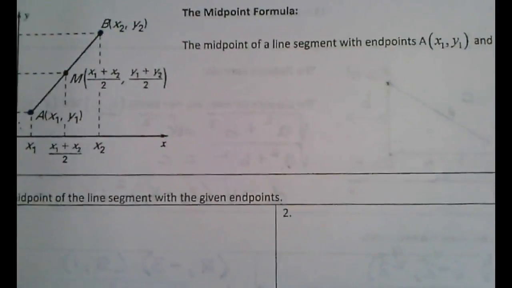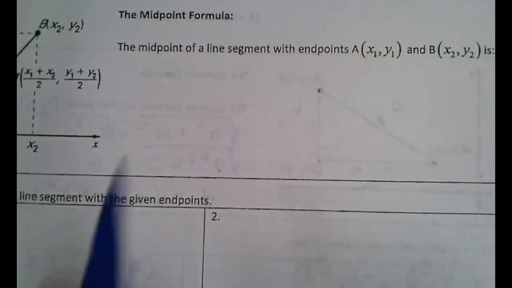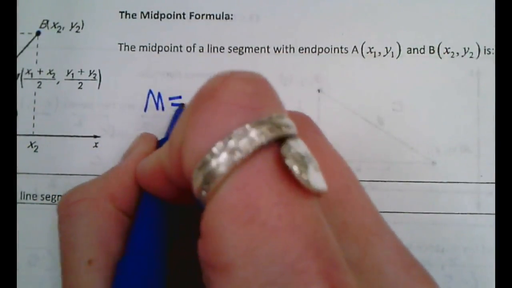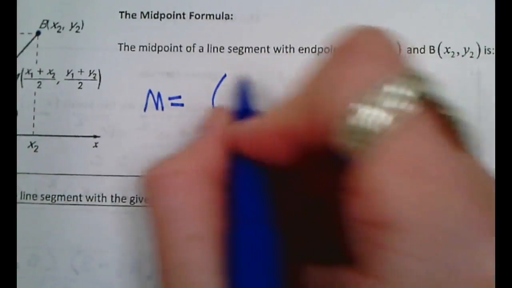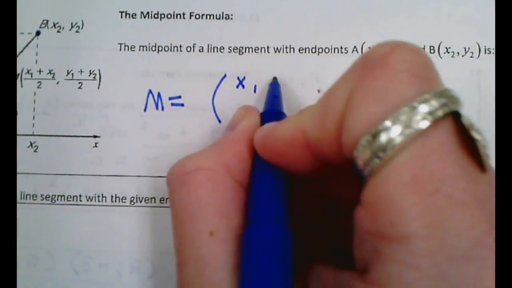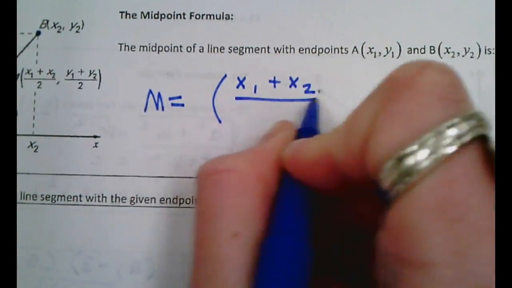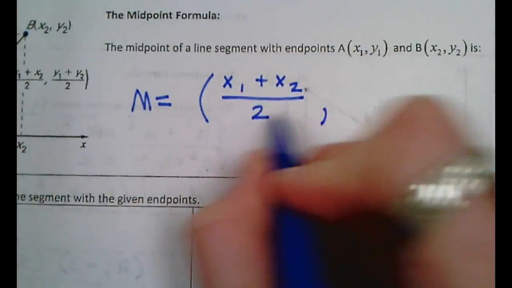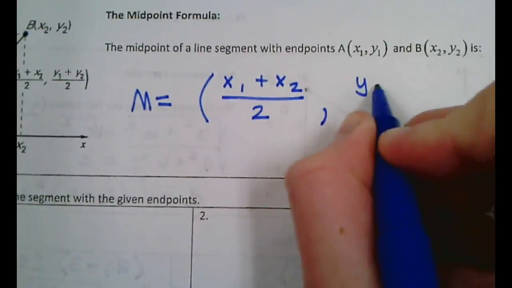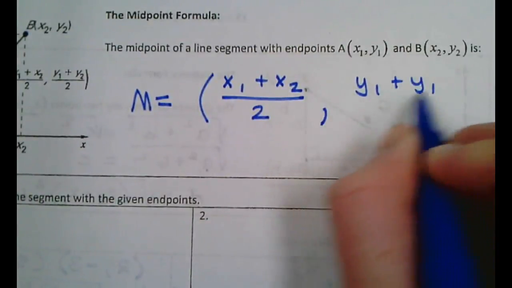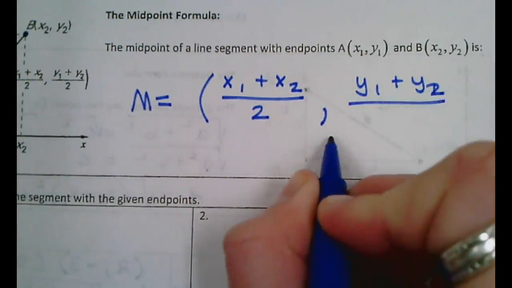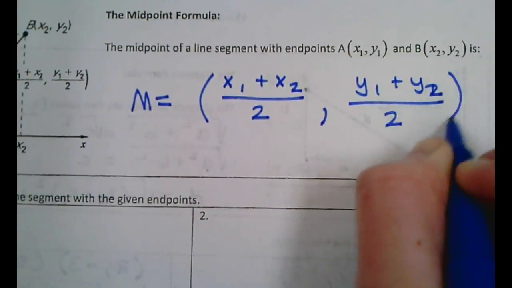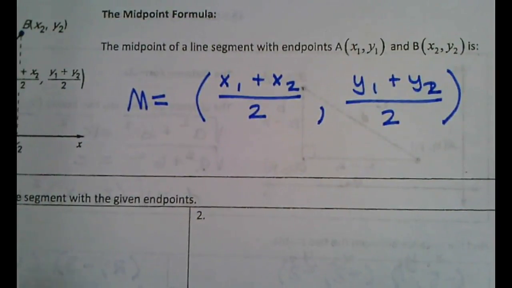So as it already gives you over there, using those endpoints, our midpoint is equal to the values of the x's, x1 plus x2, just finding the average between them, which means the y value of my midpoint would be our y values added together, y1 plus y2, also divided by 2. That is all we have to do to find the midpoint between two endpoints.